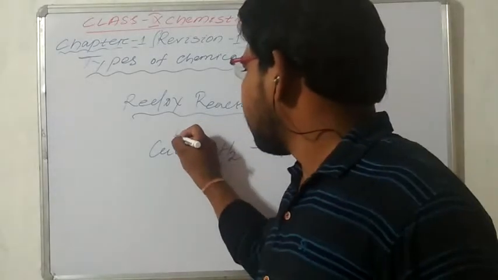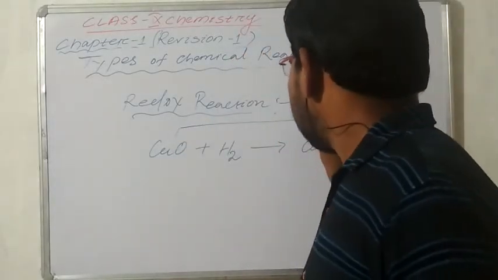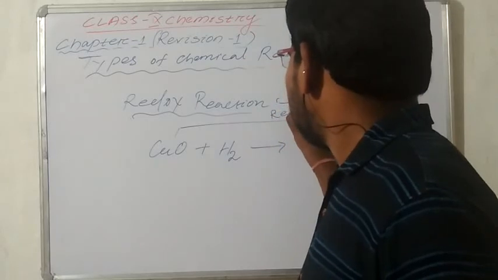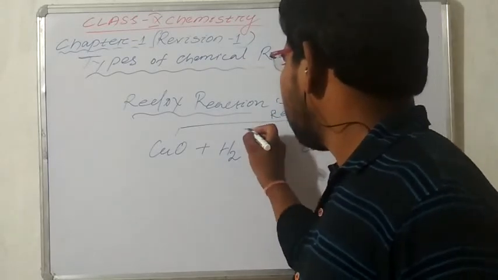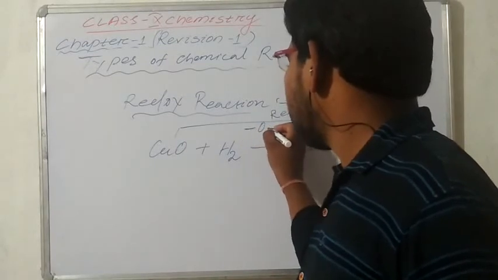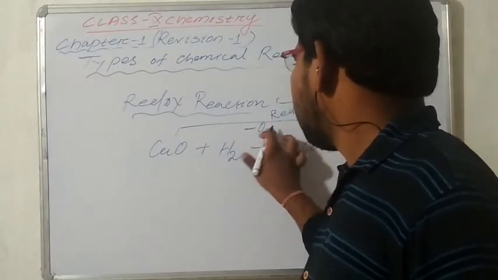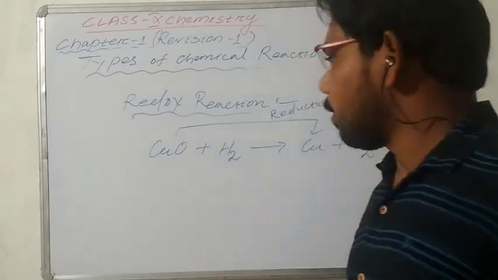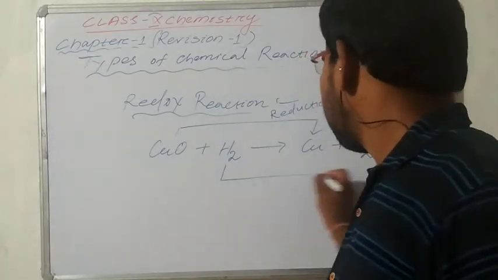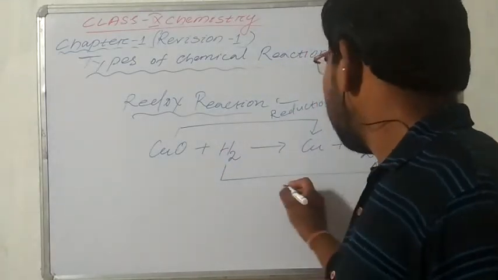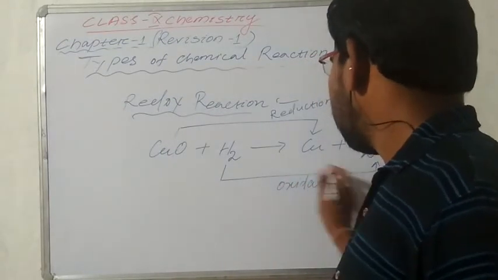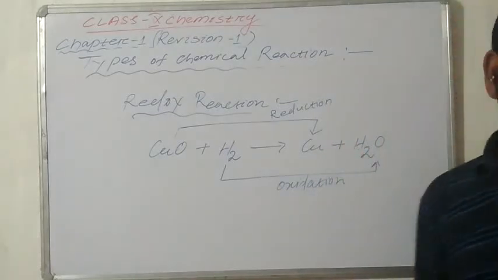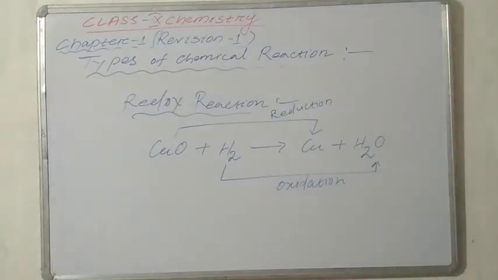The copper oxide changes to copper, so it is reduction, because here oxygen is removed. And here H2 is changing to H2O, so it is oxidation, because oxygen is added, changing to H2O. So this is one example of a redox reaction.